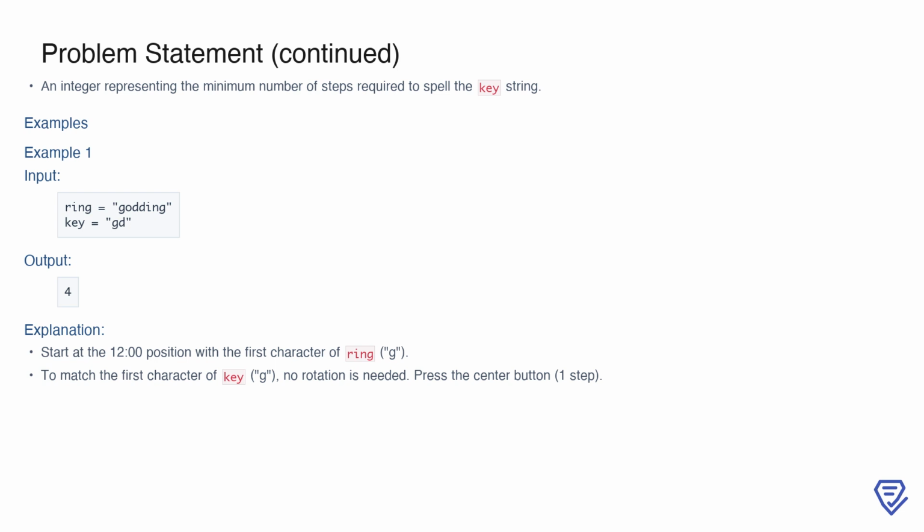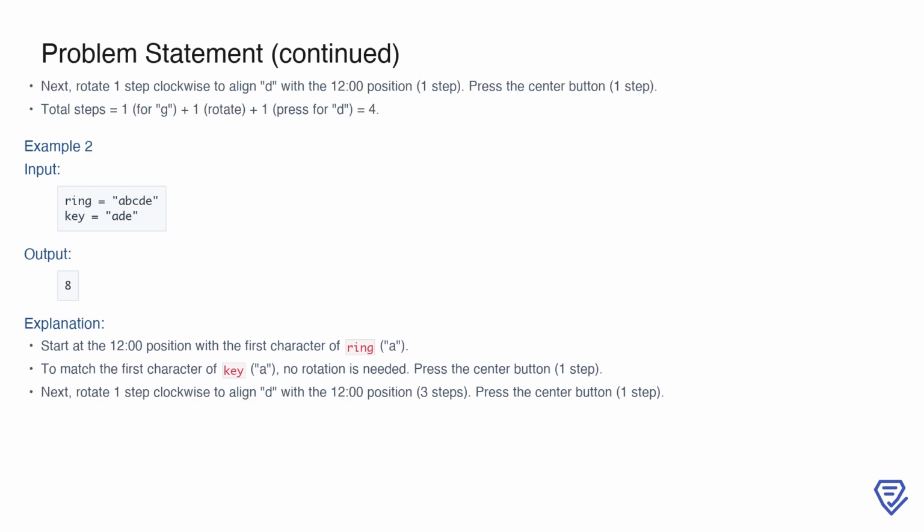Next, you need to align the second character of the key, which is D. To align the D, you would rotate the dial one step clockwise, which takes one step, bringing D to the 12 o'clock position. Then, pressing the center button to select D adds another step. In total, you need one step for selecting G, one step for rotating to D, and one step for pressing the button to select D, making the total number of steps 4.